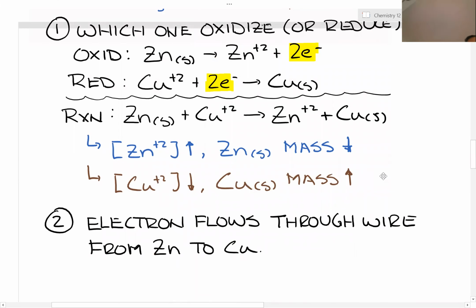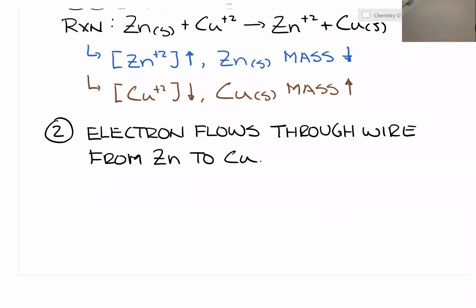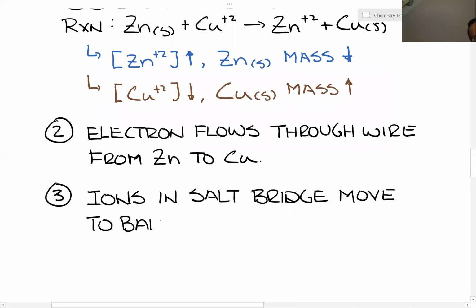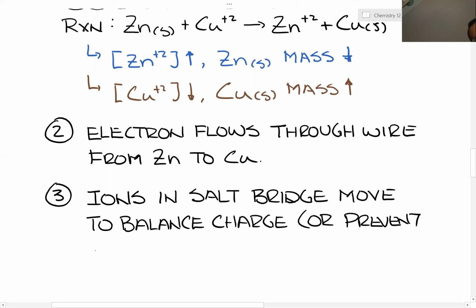Now, what's happening with the salt bridge? Number 3: the ions in the salt bridge move to balance the charge, or prevent polarization.